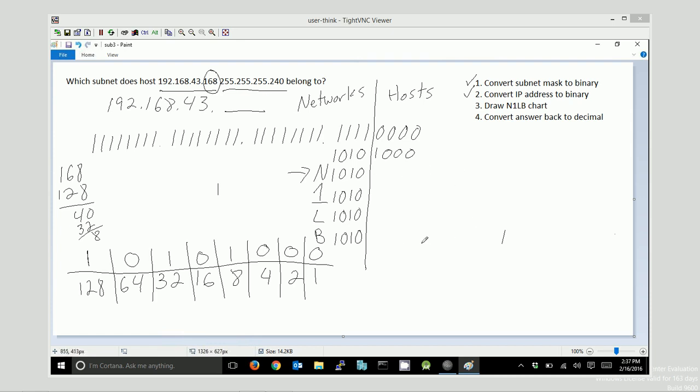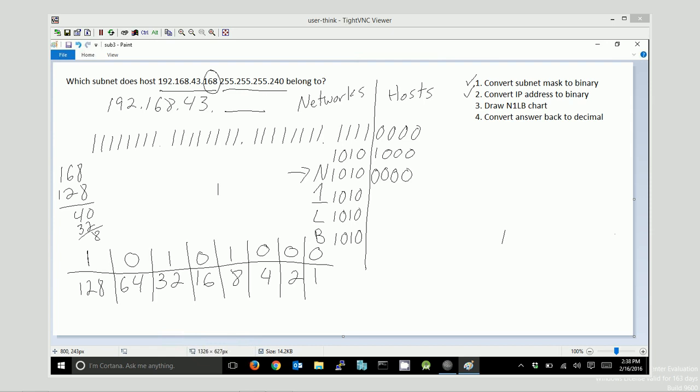They can't be used for hosts, but they are the front and the back of my network. So the very smallest number possible is my network ID. What's the very smallest number I can make with these 4 bits left here? 0, 0, 0, 0. The very smallest possible number.